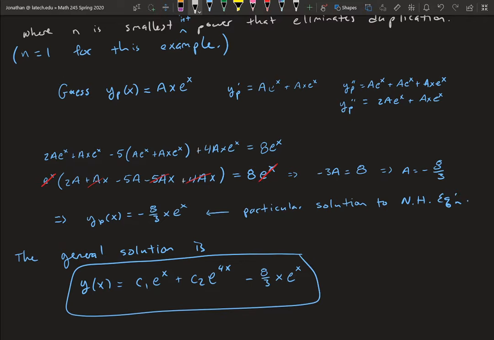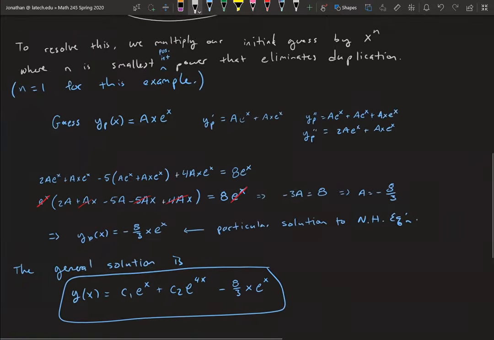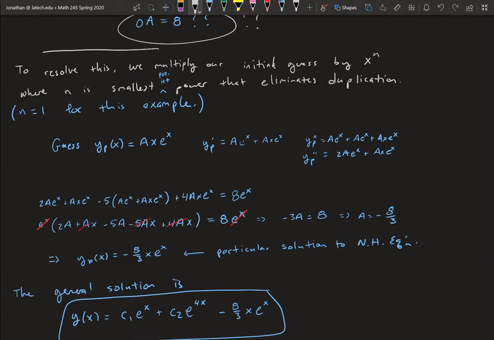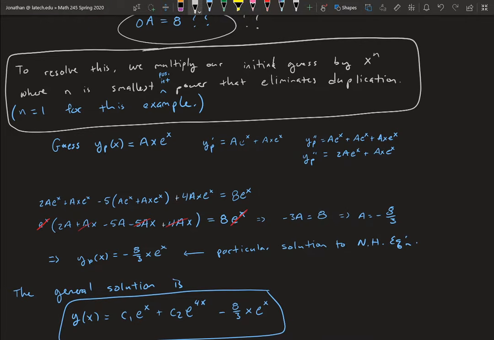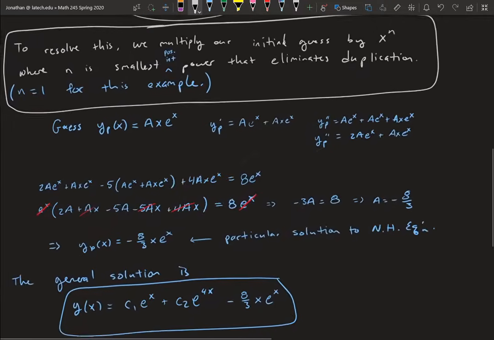So in our first example, basically we just have to eliminate the duplication. That's the key. This box right here is how we handle whenever we have a duplication in our guess from the chart.